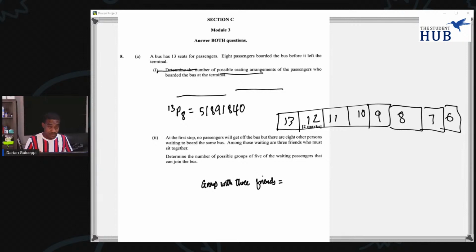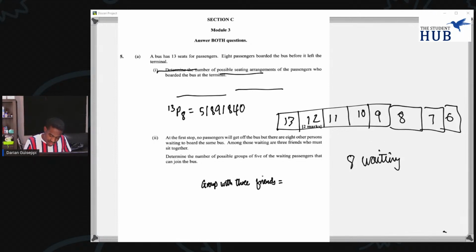We need to get them out of the 8 persons waiting. We know we have 8 on the bus, 8 waiting. Because we have 8 waiting, we only have 5 spaces remaining on the bus. So we need to take 5 out of the 8 persons waiting.